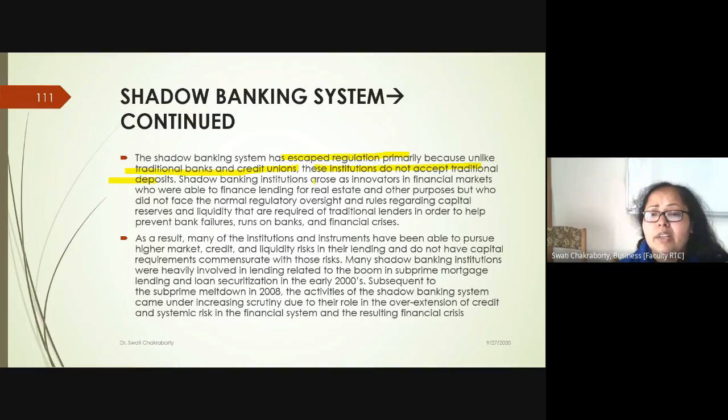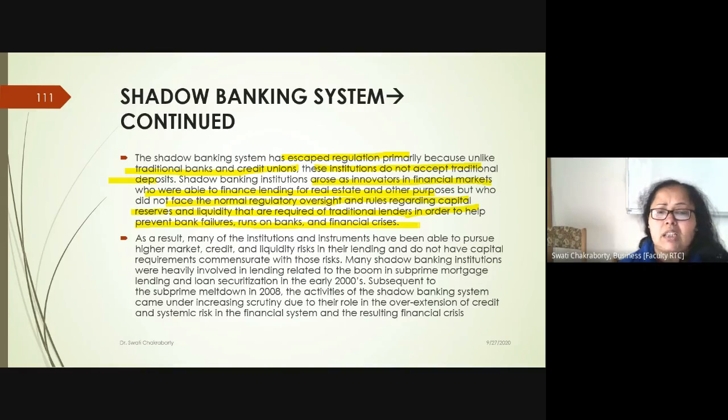How did it come up? It arose as innovators in financial markets who were able to finance lending for real estate and other purposes, but who did not face the normal regulatory oversight and rules regarding capital reserves and liquidity that are required for traditional lenders in order to help prevent bank failures, runs on banks, and financial crisis.